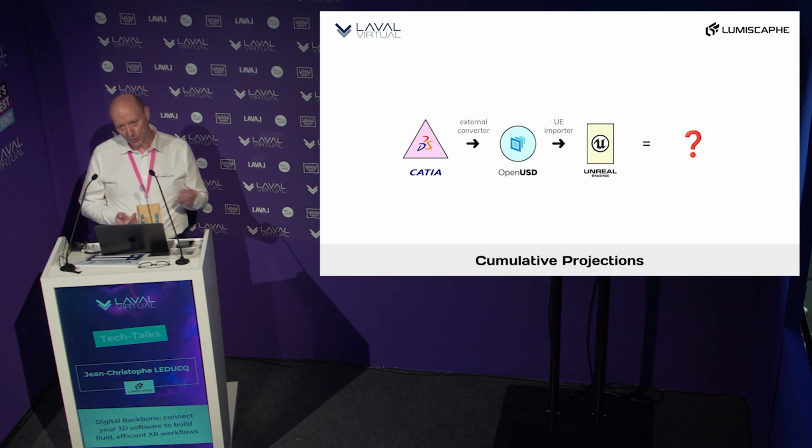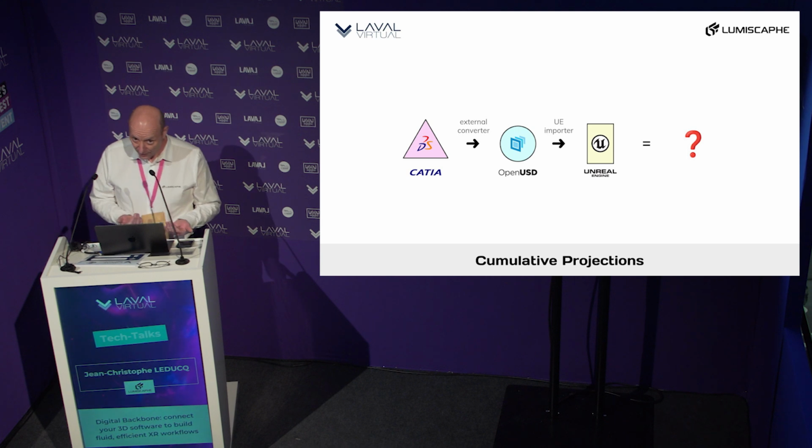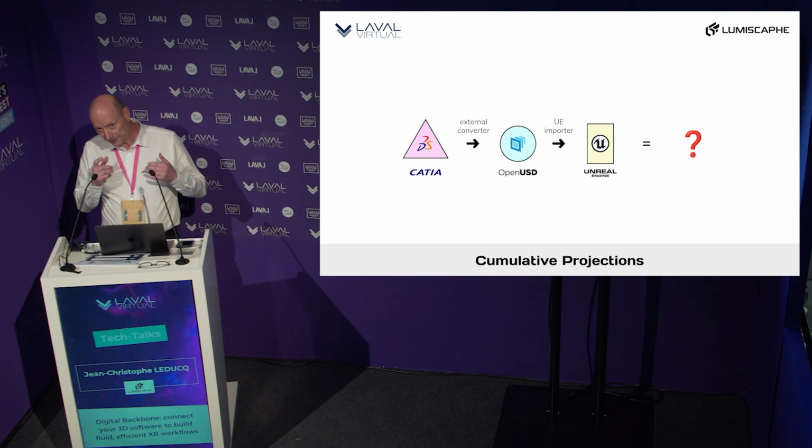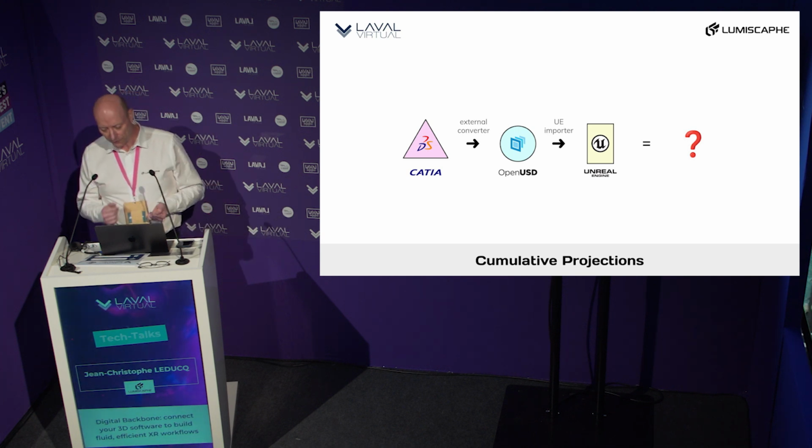So you have a projection, you have a bias, and then you go from OpenUSD to Unreal, for example, and use the Unreal importer, and once again, you have a bias. Perhaps all will be fine for your specific application, and in that case, it's fine. But you must take care of the fact that the projection from one world to another one may reduce the quality of your information.